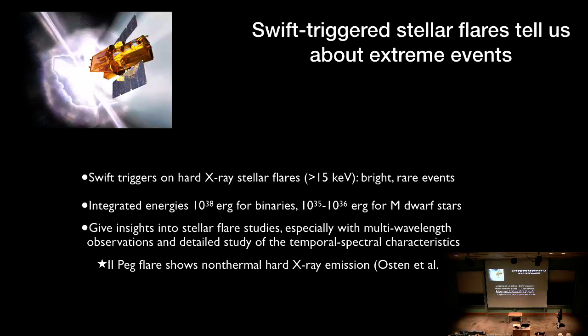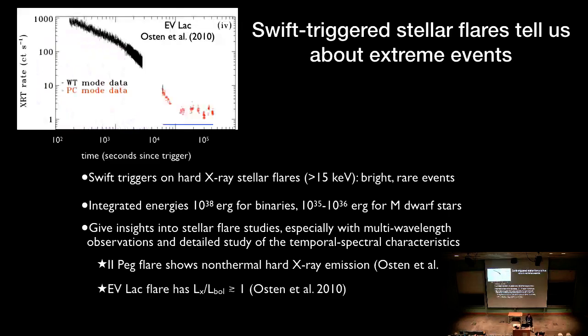And so SWIFT has, in the 10 plus years that it's been up in space, seen about a dozen very bright, very rare stellar flares. And these are probing the extreme ends of stellar flares, with energies that are among the most energetic flares ever seen on different kinds of stars.